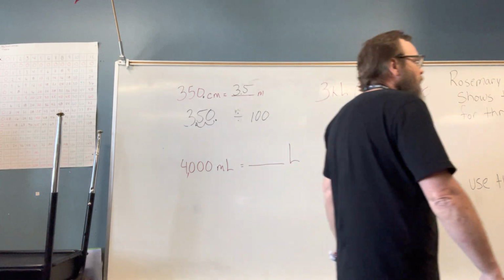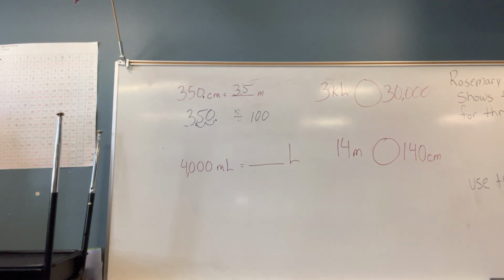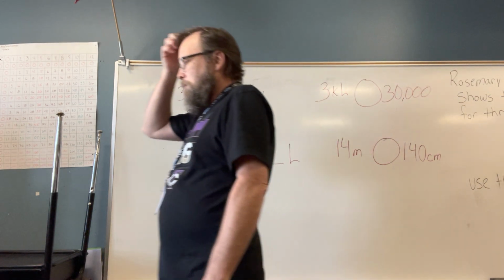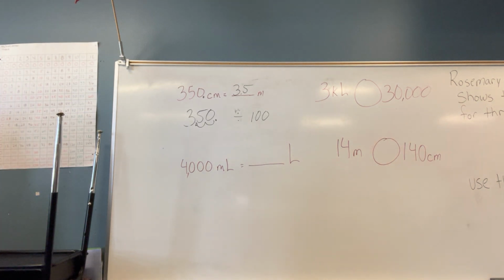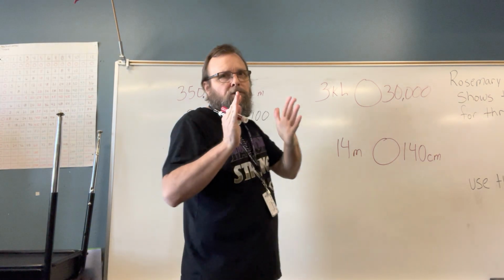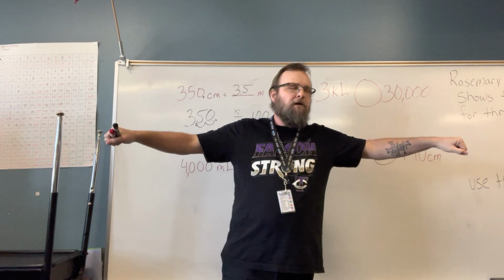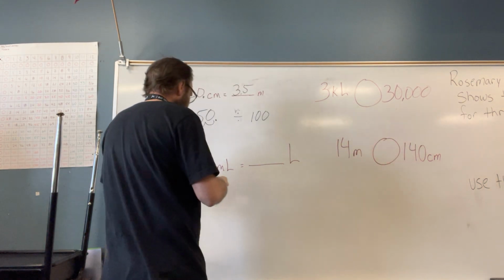Here we have 4,000 milliliters. We're going to change that to liters. Aiden, which is bigger, milliliters or liters? Liters is bigger. So we're starting with milliliters, changing to liters, so we're going to divide.